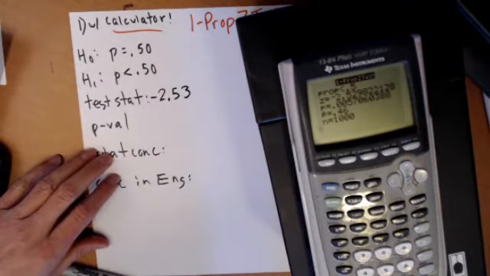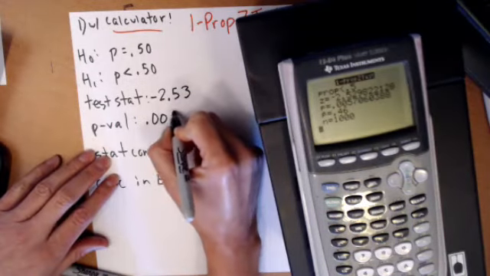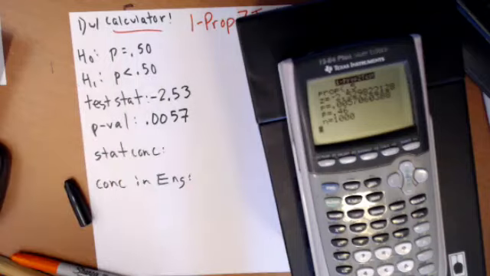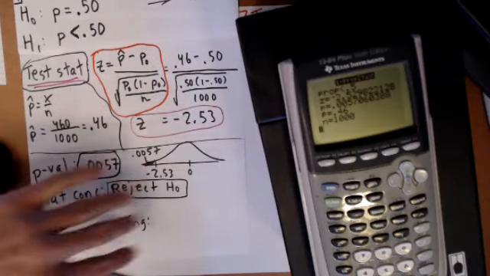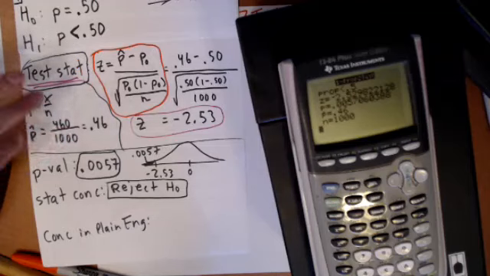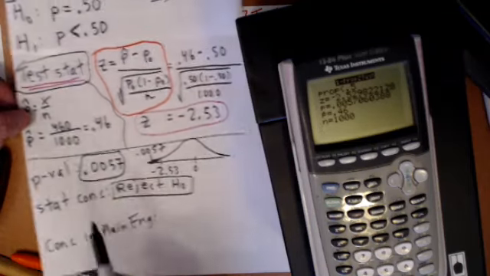And then a p-value of 0.0057. Oh, those numbers look familiar. Why did you make me do it the long way? Trust me, you're going to need to do it the long way with different problems later on. So it's just good to do it with something easy that makes sense.